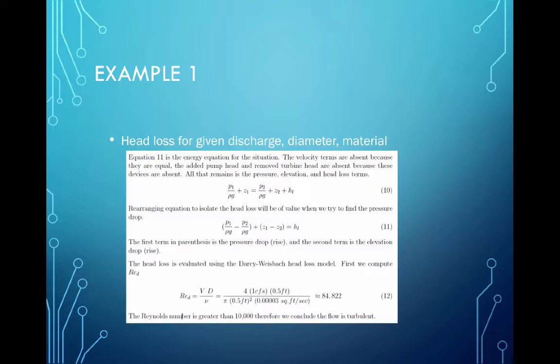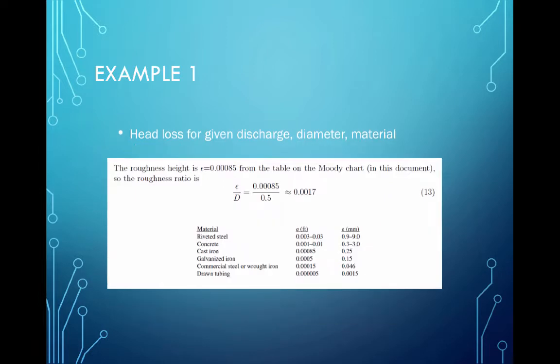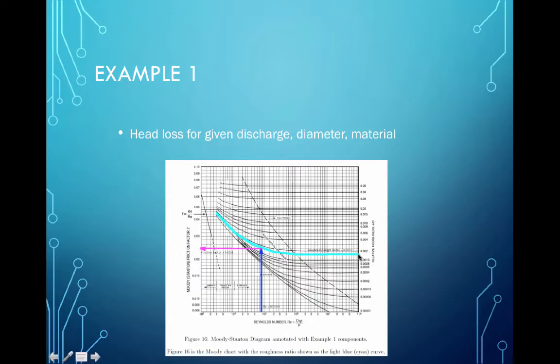And what we need is a head loss model to handle the right-hand side here of equation 11. At the given flow rates, the Reynolds number is 85,000, and the roughness height, we look from the Moody chart, in feet is 0.00085. We compute the roughness ratio, so we take the sand roughness height divided by the diameter, and then that ratio determines which of these families of lines to use.